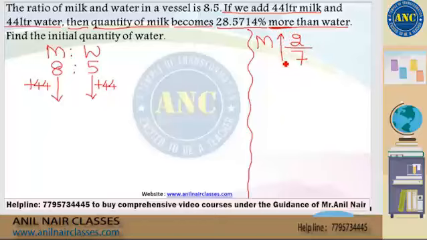More is nothing but increase. I explained this very clearly in my morning session today that whatever is coming after "than" should come in the denominator. After "than" water is coming, that means denominator 7 represents water value. Now how much is milk then?